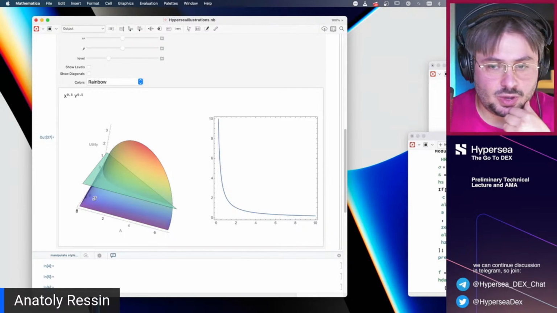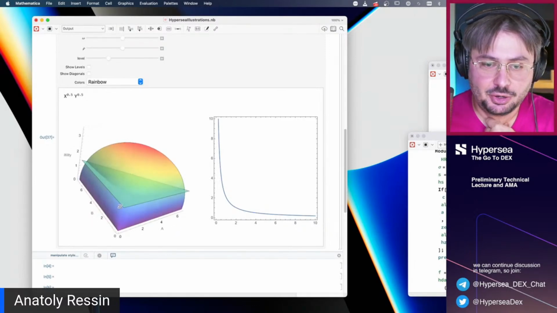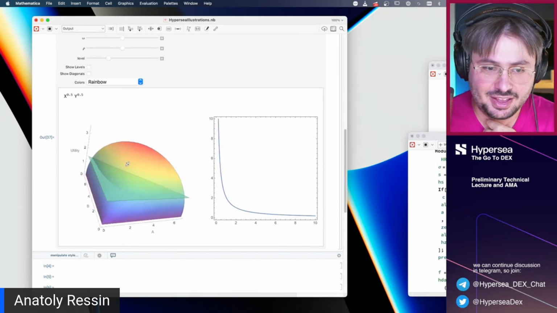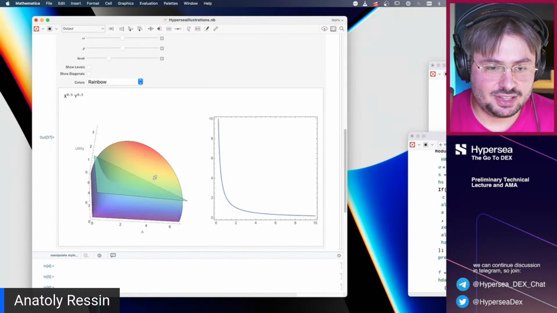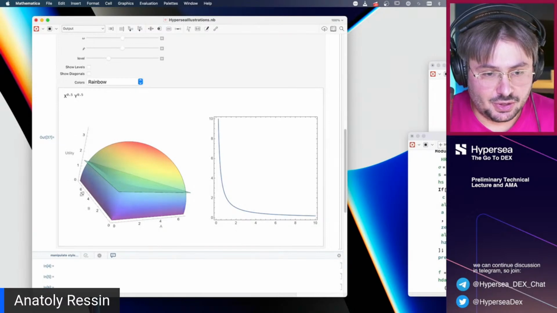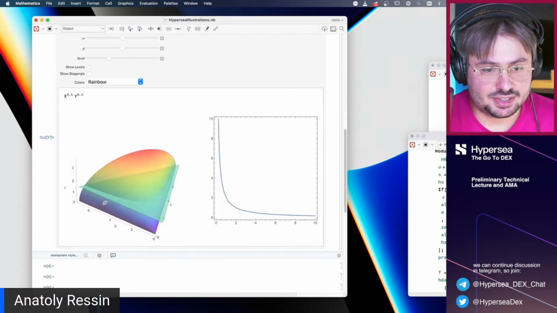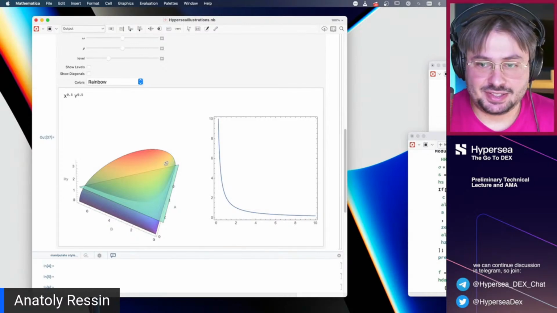And this is why this thing is called the no regret curve. Because every point on this curve has the same utility.